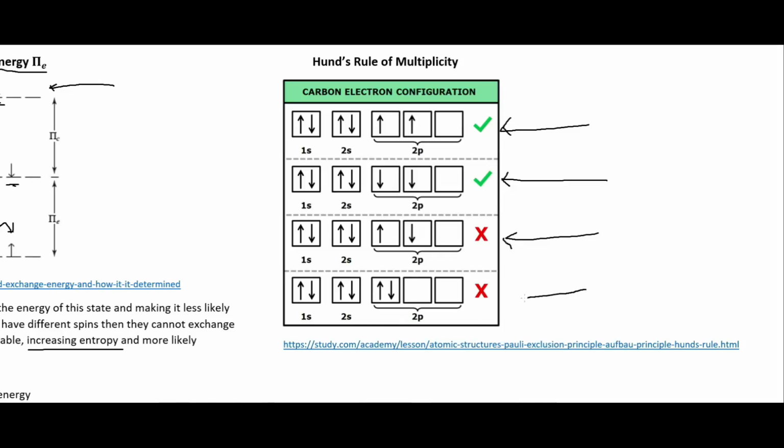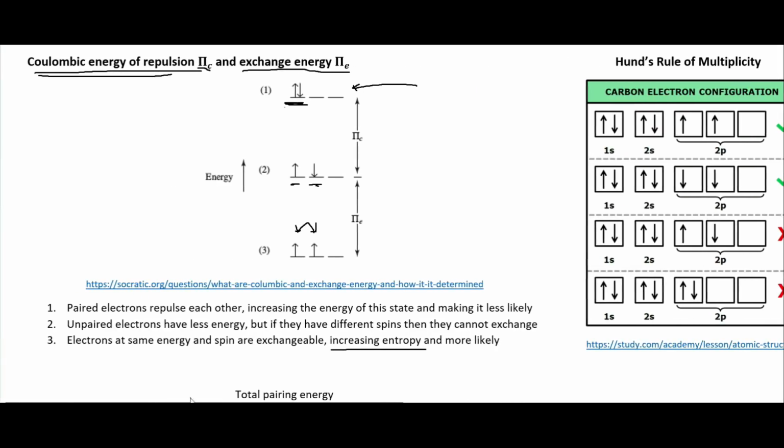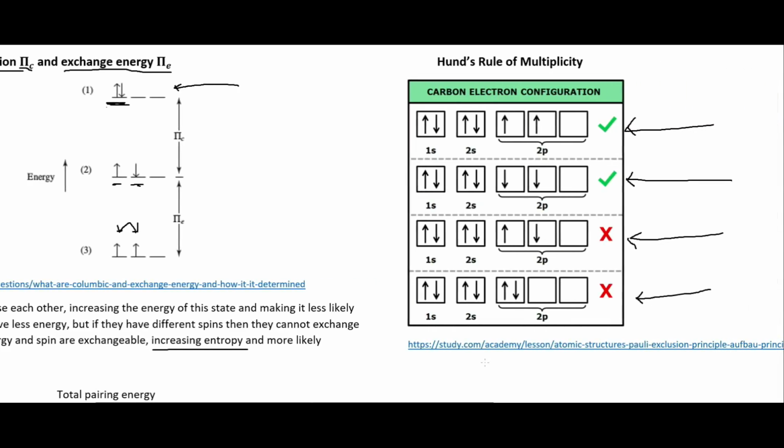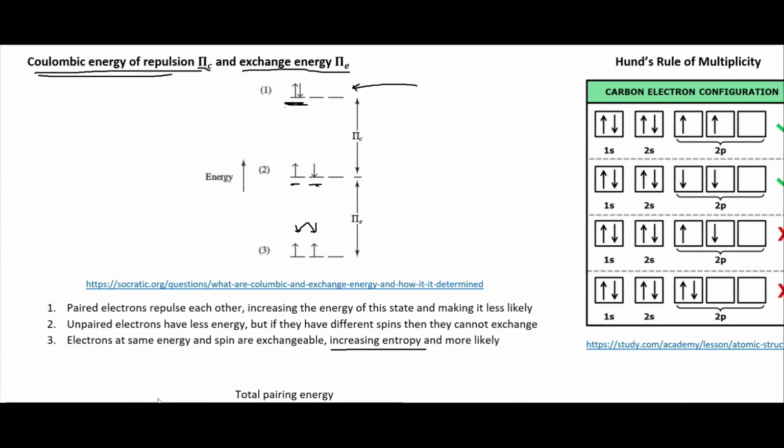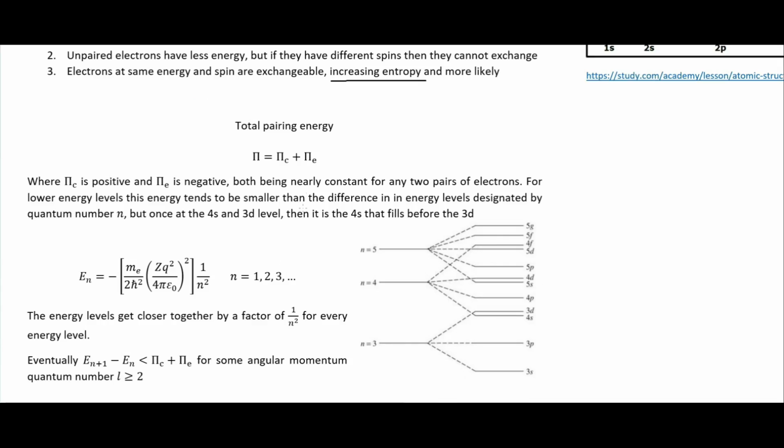And then here is even less likely because we now are pairing them up, which is even more energetic. And so that is what's known as Hund's rule, where the electrons actually want to be in different orbitals but with the same spin.